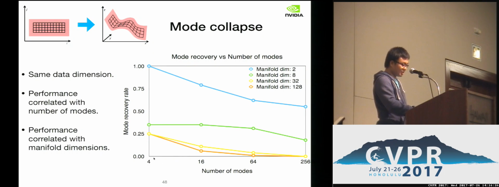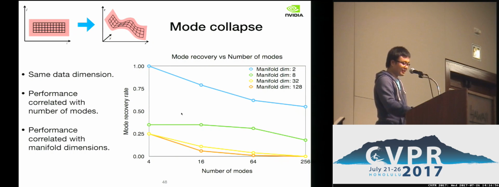In this figure, the y-axis measures the percentage of modes the GAN was able to recover among the trials, and the x-axis represents the number of Gaussian clouds, the number of modes in this low-dimensional data distribution, which was generated in low-dimensional space and then projected through a random projection to a high-dimensional space.